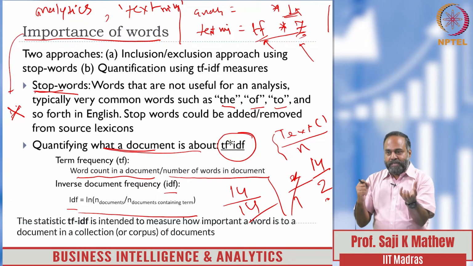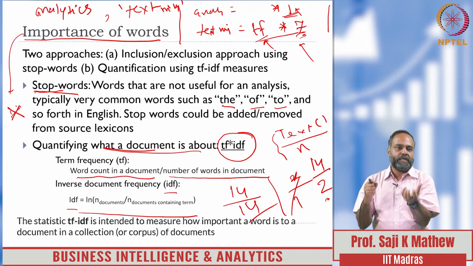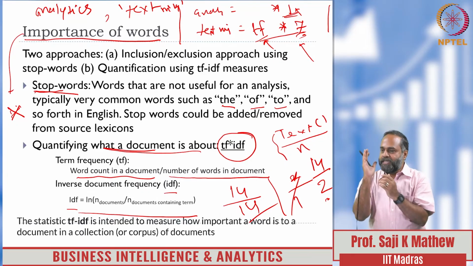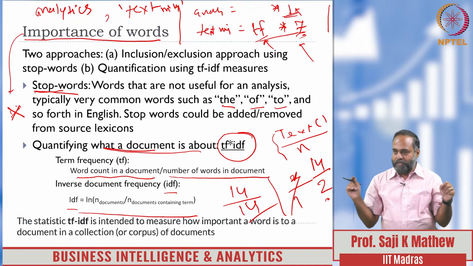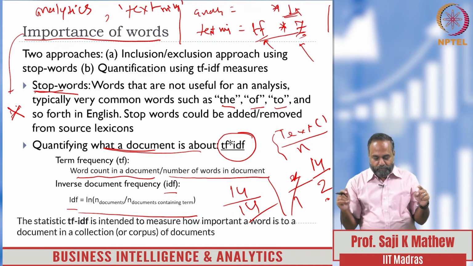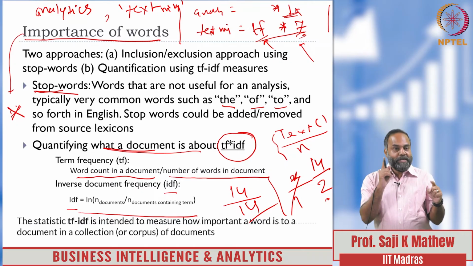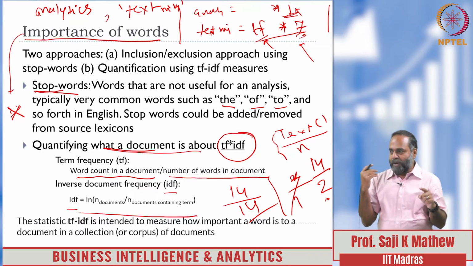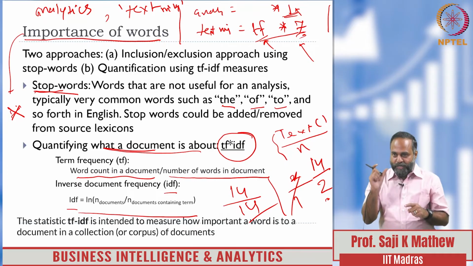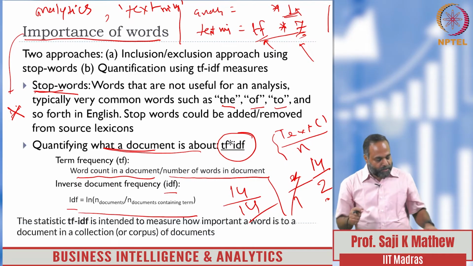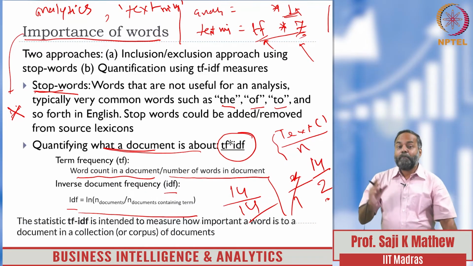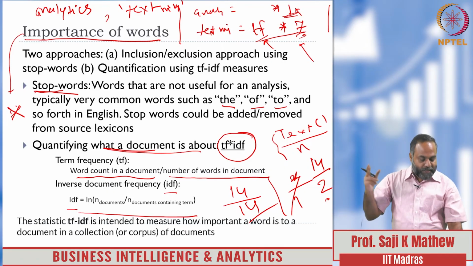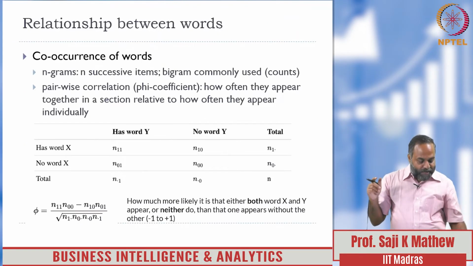If it is unique to that particular document and repeating in that document, TF IDF gets a higher value as compared to a common word which is spread across all documents. Now when you interpret TF IDF, you should have this in mind: this particular word is very important relatively in a particular document. Take decision trees: it is repeating in one document, but it is repeating many times in that one, and it is unique, therefore it will have a high TF IDF.